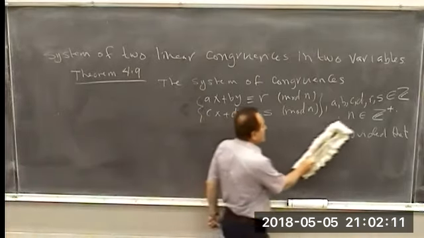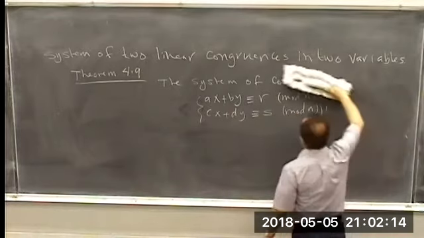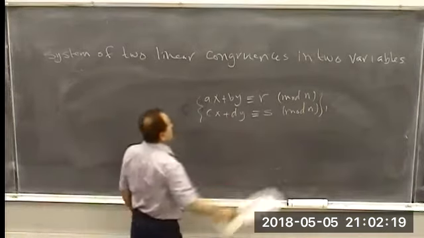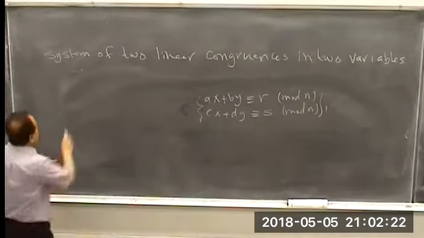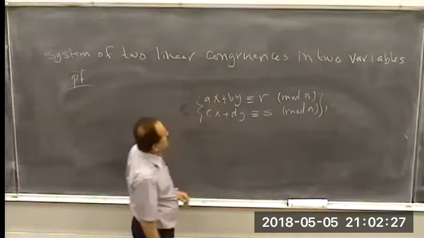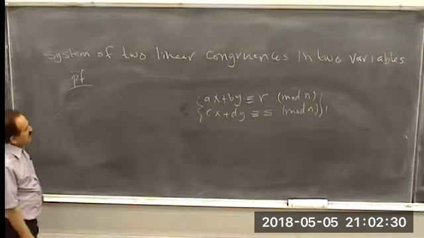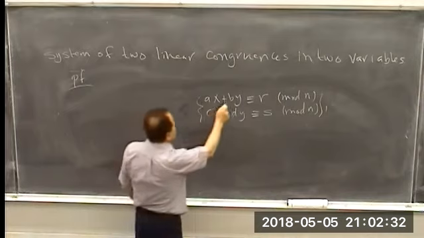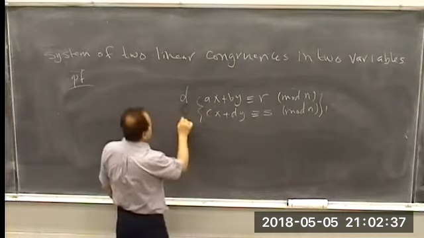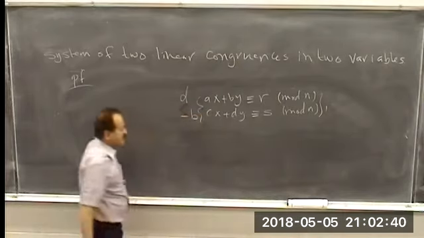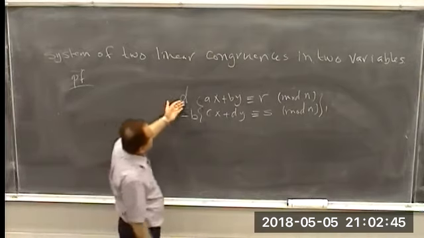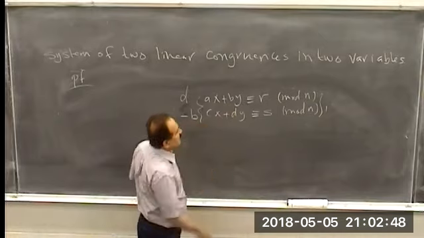So here's the proof. I'm going to need the system, so I'll leave it in here. I want to eliminate y from these two equations. So I multiply the first equation by d, and the second equation by negative b. Remember, I can think of d as congruent to d mod n, and then I can multiply congruences.